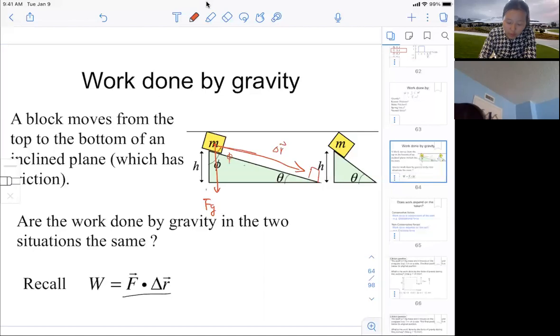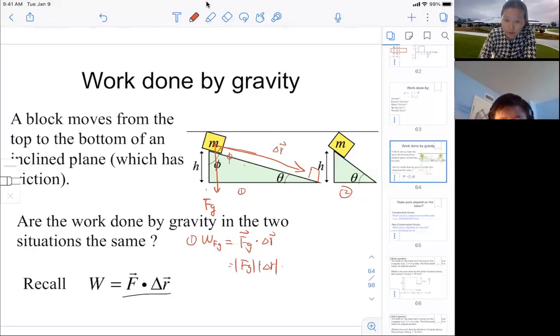So let's do the work done in case 1 or 2. Case 1, the work done by gravity is the force dot displacement. And how do we calculate the dot product? Do you still remember? We do the force magnitude times the displacement magnitude times, is it the cosine of the angle between them, or the sine of the angle between them for the dot product?